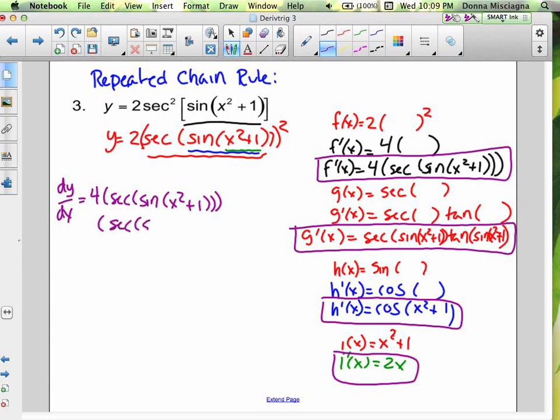Secant sine x squared plus 1 tangent x squared plus 1. And I closed that parentheses, got that parentheses, now got that parentheses, times cosine x squared plus 1, all times 2x.